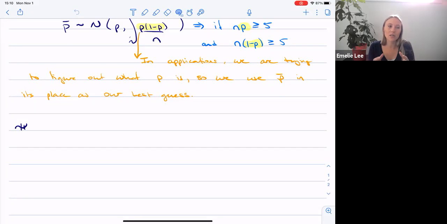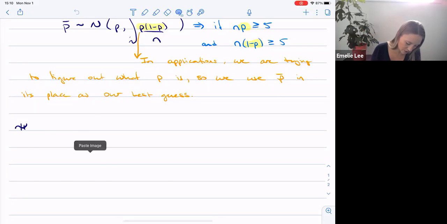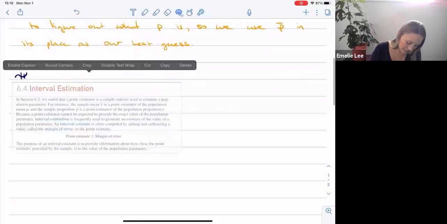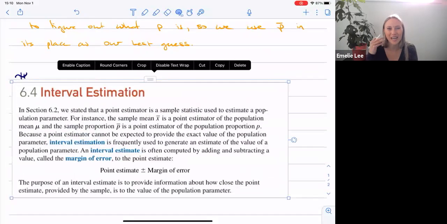We're expecting it to be close, but we understand that there's some bounds that we want to build so that we can be some percentage confident that we've actually captured that parameter, right? That population proportion that we're trying to catch. Well, catch, I shouldn't say catch, because catch makes you think that it moves around. It doesn't, it's fixed, right? But we just don't know what it is.